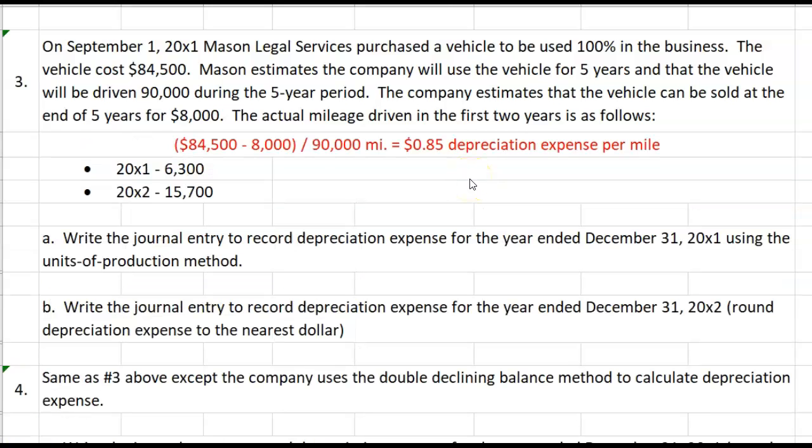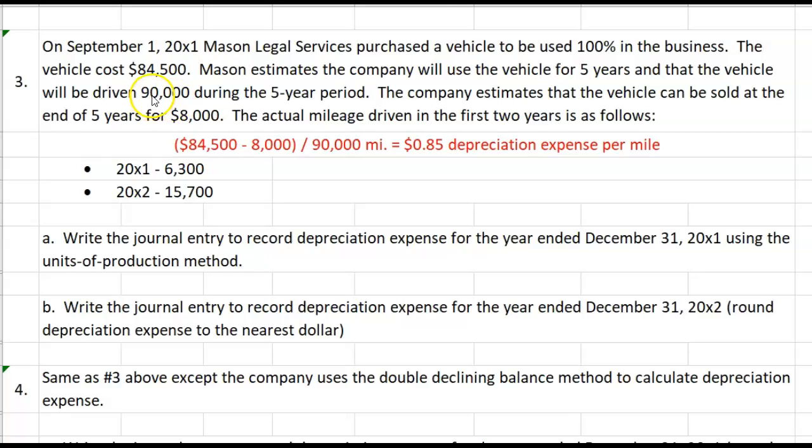As you have previously learned, the formula for calculating units of production depreciation is really very similar to straight line depreciation. It's cost minus salvage value, but instead of dividing by the life of the asset, you divide by the total units that is estimated for use of the asset throughout its life.